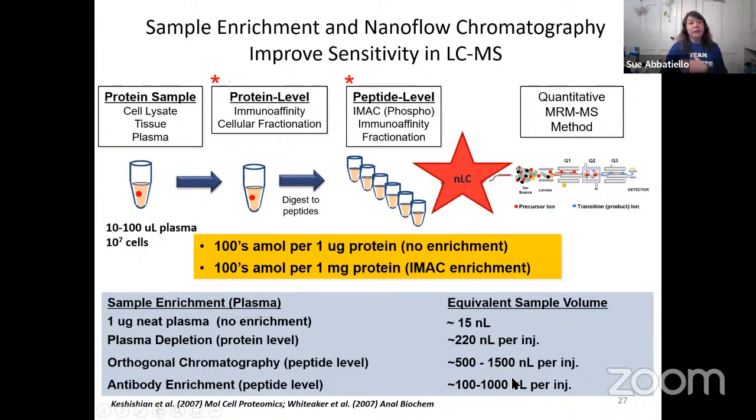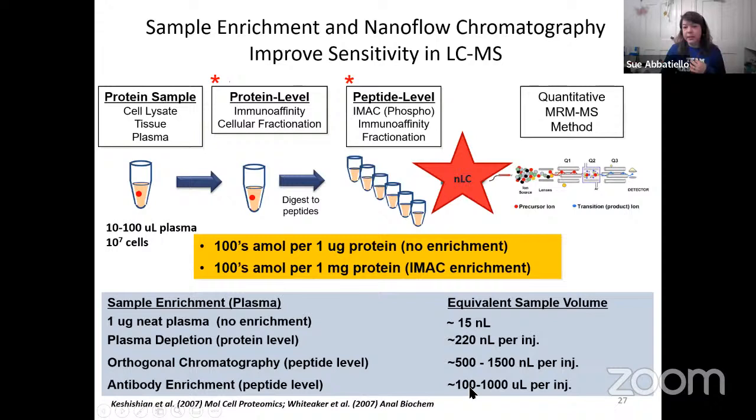So you see, even though we can't load that much on a nano column, the equivalent we're able to see gets us down to proteins that are so low abundant, we normally wouldn't detect them without this level of enrichment. And then antibody enrichment, like anti-peptide antibodies, allow us to just pull out those peptides and ones super similar to them, which is like a tiny little subset of the whole sample.